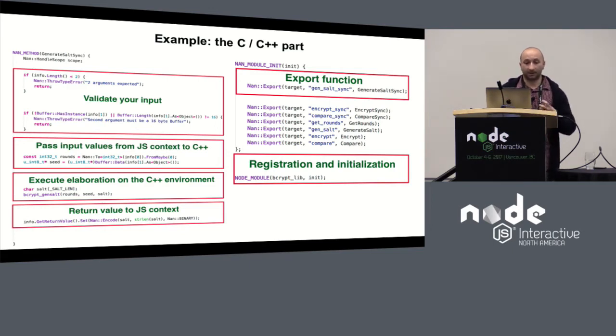After that, we return the data to the JavaScript context. The most important concept here is that when we pass data from the JavaScript context to the C++ context, this data will be copied, because the JavaScript data are immutable and are managed by V8.